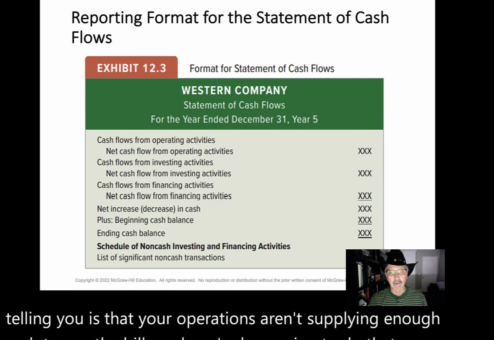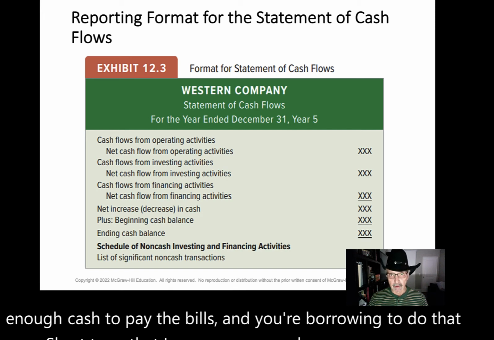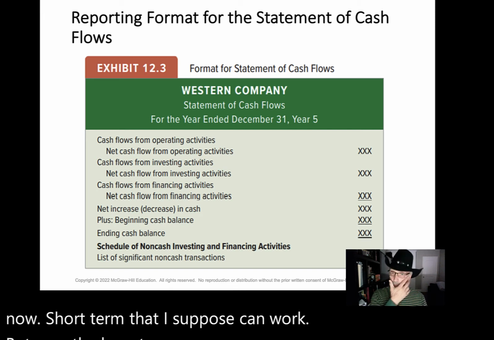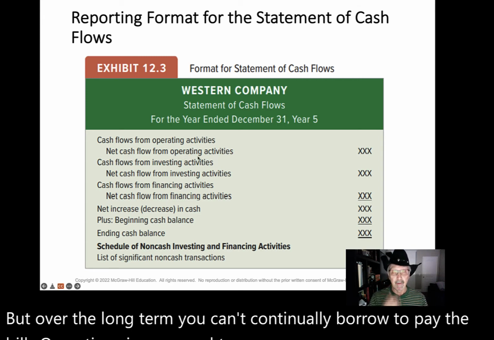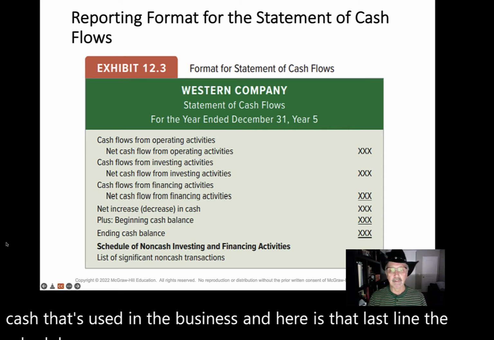Now, short term, that I suppose can work. But over the long term, you can't continually borrow to pay the bills. Operations is supposed to supply the vast majority of cash that's used in the business. And here's that last line, the schedule of non-cash investing and financing activities. So that's your basic statement of cash flows.